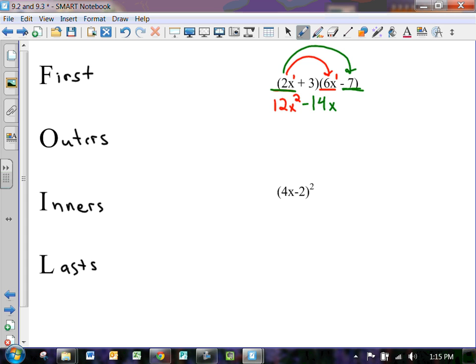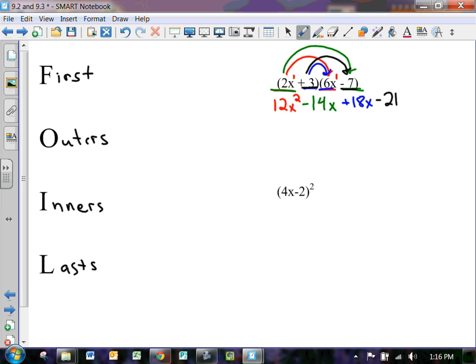Next we have our inners, the inside and inside: positive 3 times 6x gives us a positive 18x. And last of all, we have our lasts, the last one in here and the last one in there: positive 3 times negative 7, which is a minus 21.